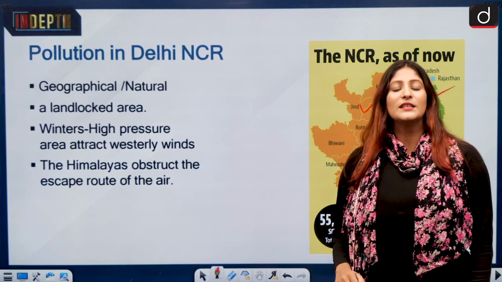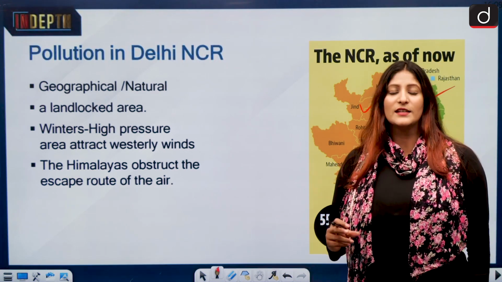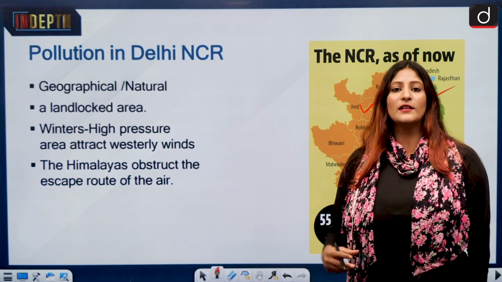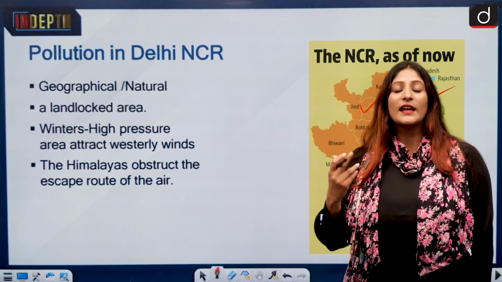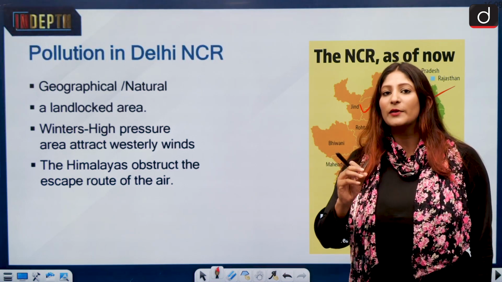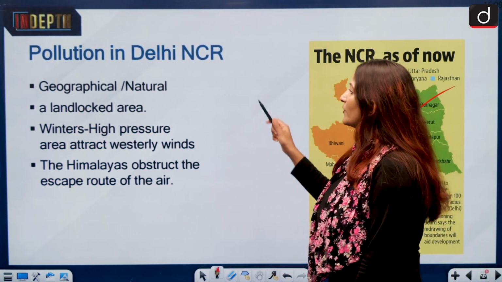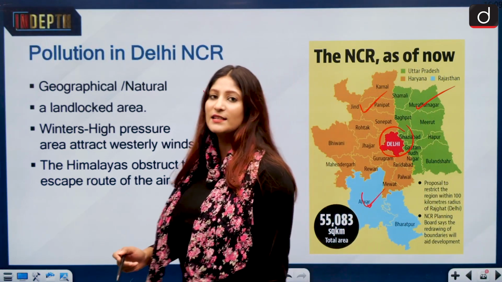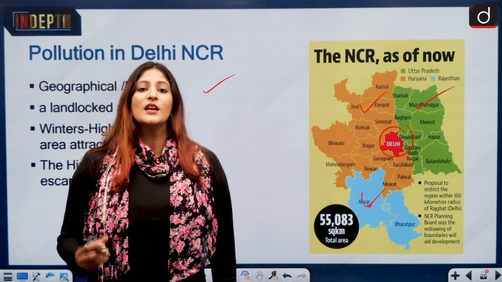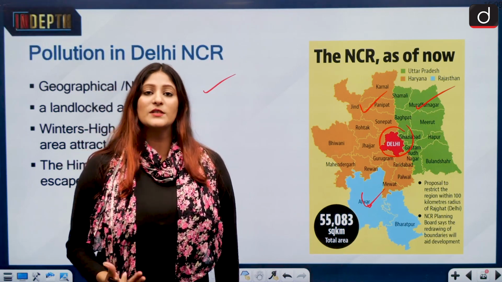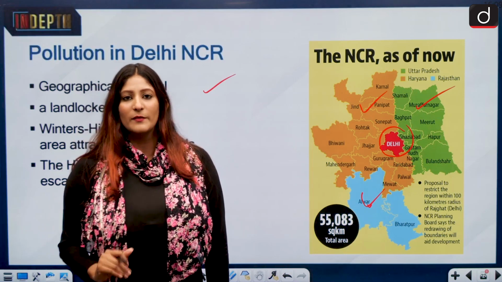The problem with this particular region is that it has certain geographical and anthropogenic characters, exaggerating and exacerbating the pollution there. First of all, the geographical and natural causes. As it is a landlocked region, the problem is that coastal air system is not available here.